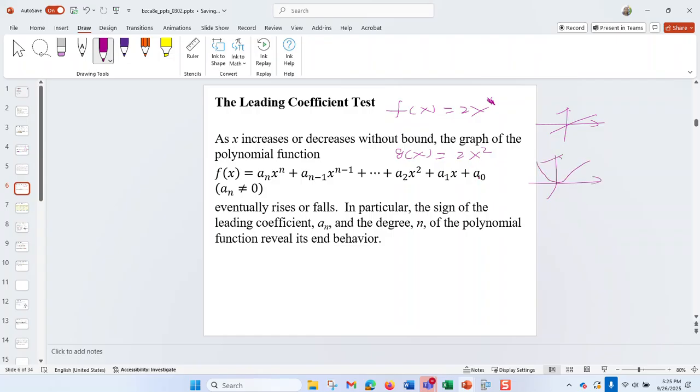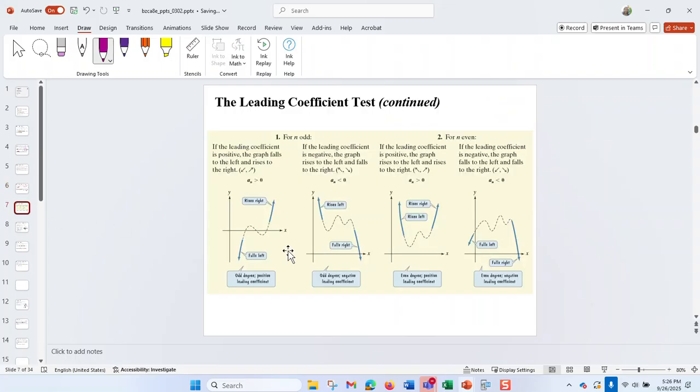Look at it. This power, the first term, determines everything. And if I have h of x equal to 3x cubed, now we know this is a cubic function. So this first term determines the entire behavior of the graph. That's what I'm saying here.